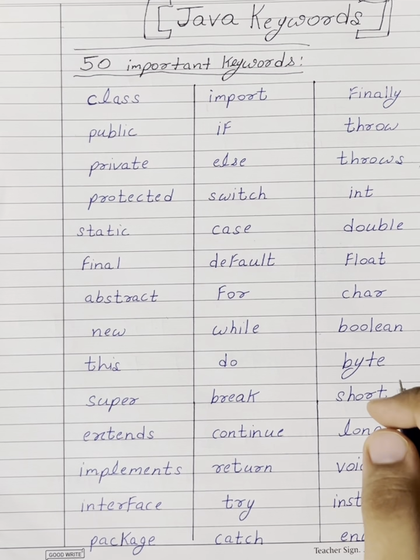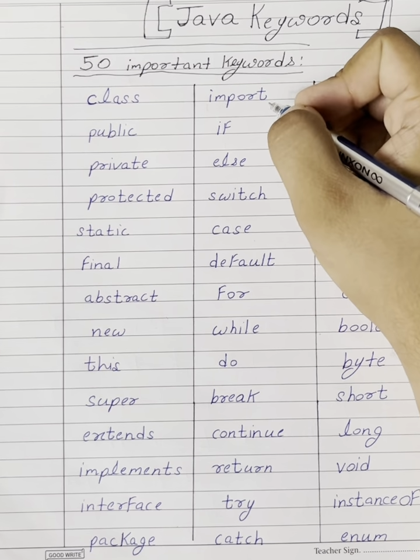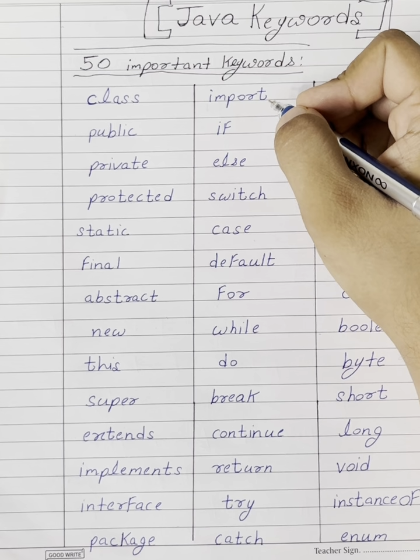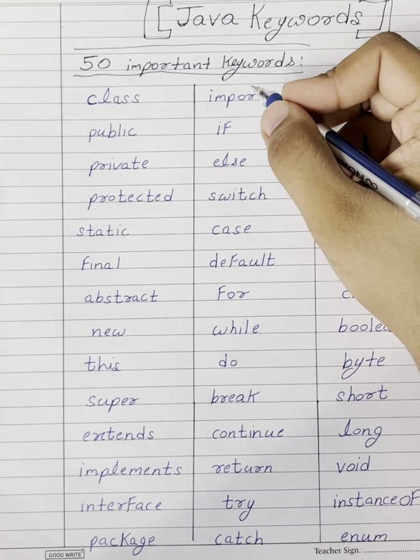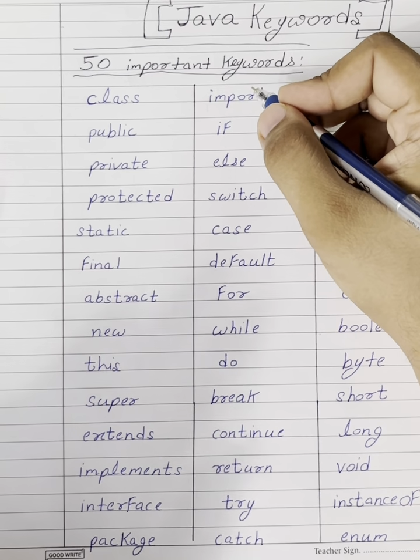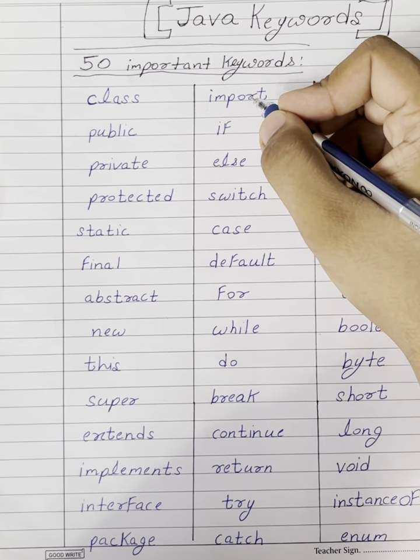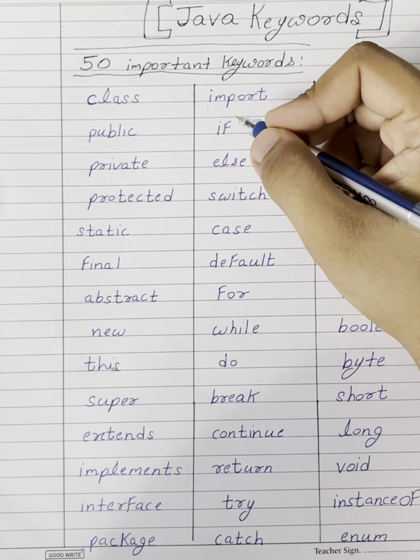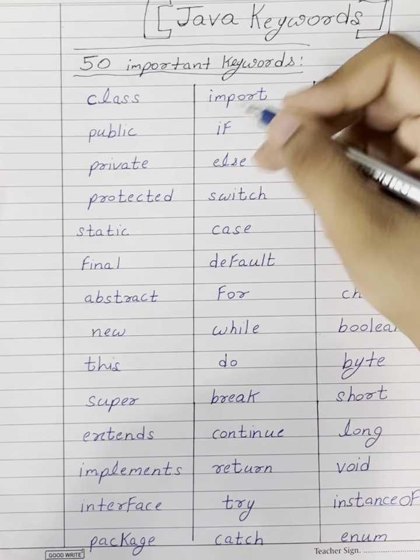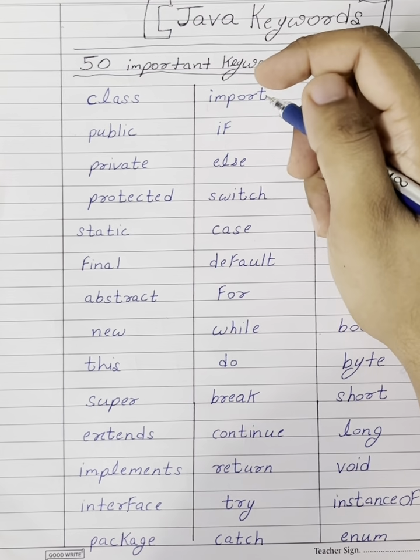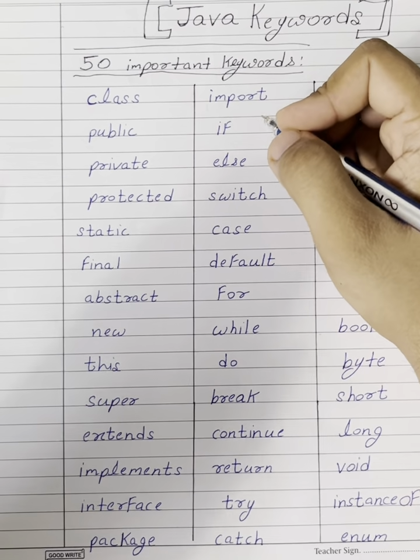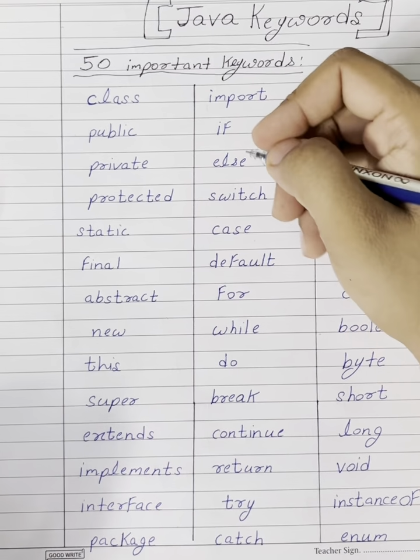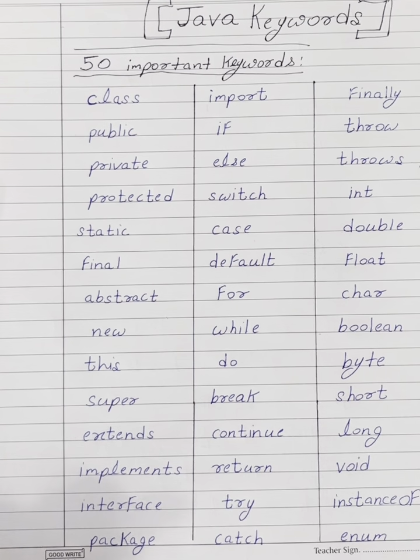Okay, so next is import keyword. So guys, import keyword is used to access classes and interfaces that belong to another package, and instead of writing the complete package name every time a class is used, the import statement allows the programmer to use the class directly by its simple name.